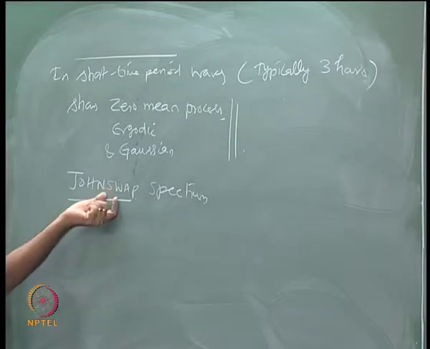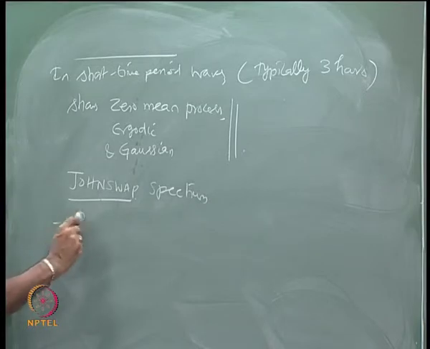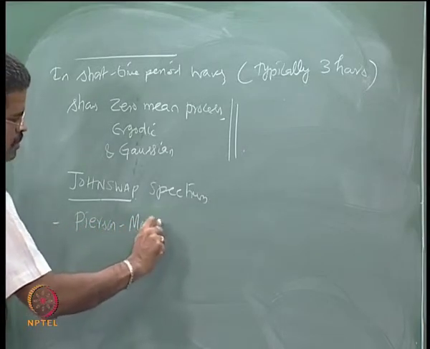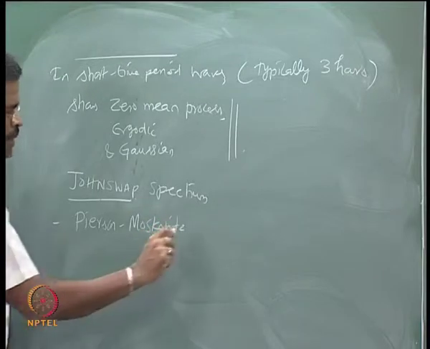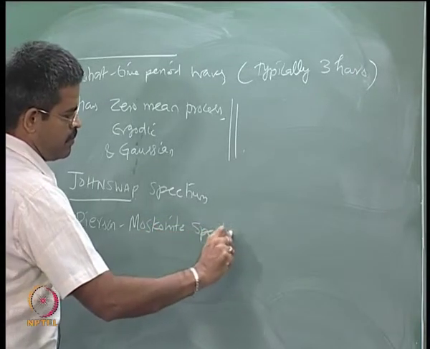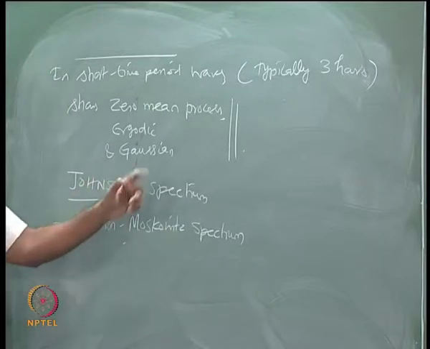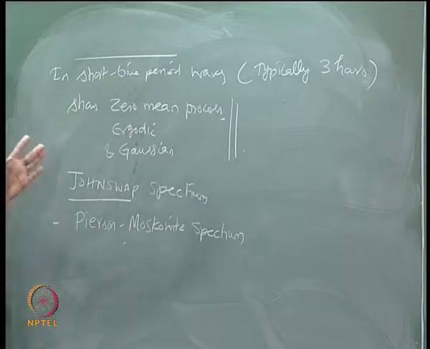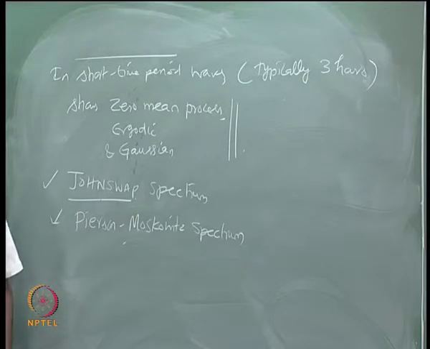Now the JONSWAP spectrum is further modified and people also use what we call the Pierson-Moskowitz spectrum. We will talk about these spectrums now. So for short time period waves in an open sea state, these spectrums are valid.